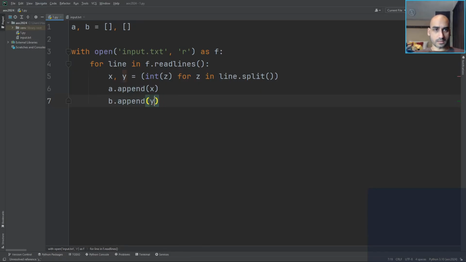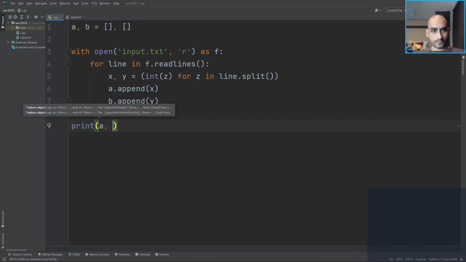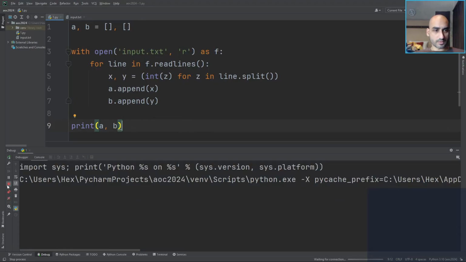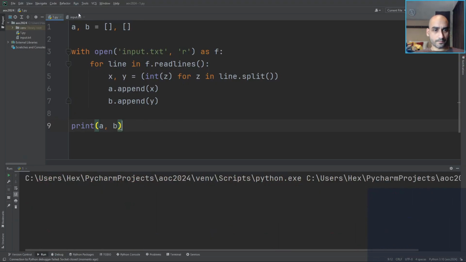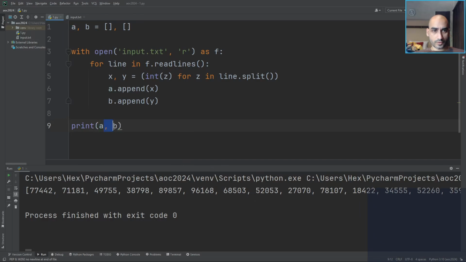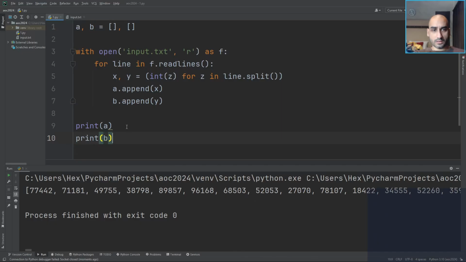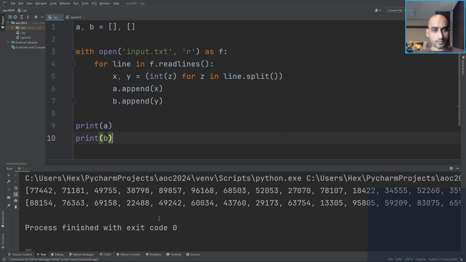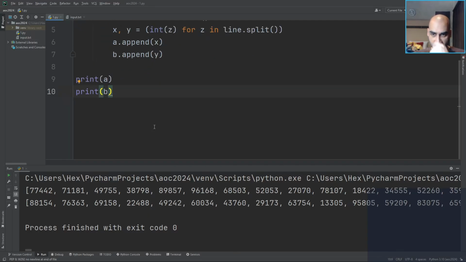Alright, so that gets two lists. Let's just check now that. Print A. Print B. Okay. Alright. So that's the two lists of integers.